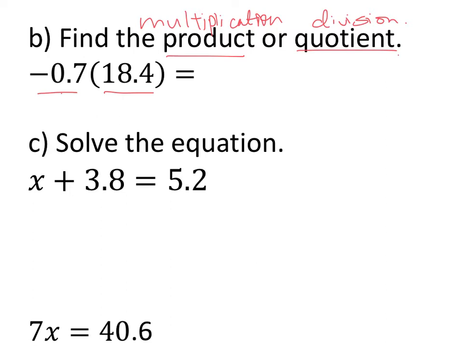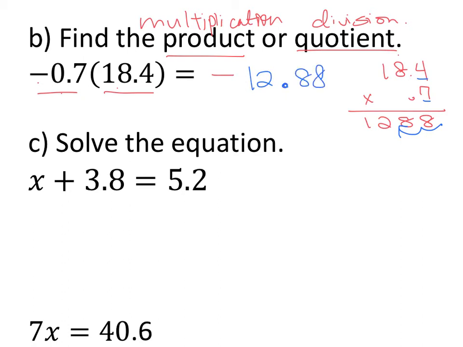We're still with the sign, negative, positive, negative. And we could do the math here. And since there's two decimal places, we need to shift the decimal 2 places to the left. So that gives you 12.88.